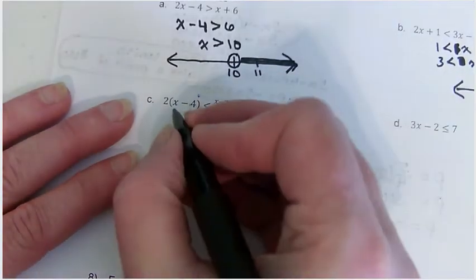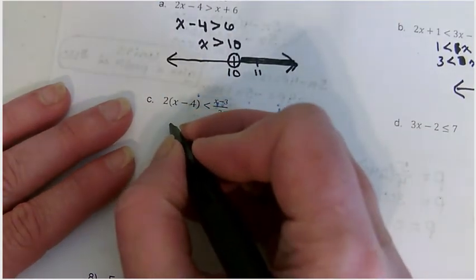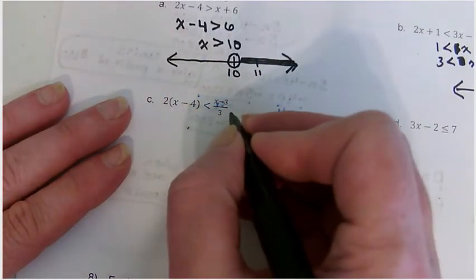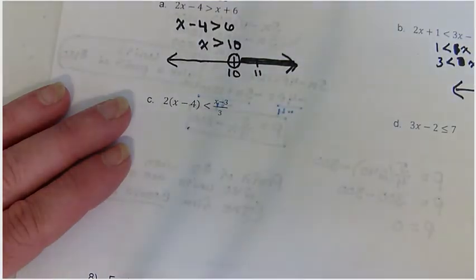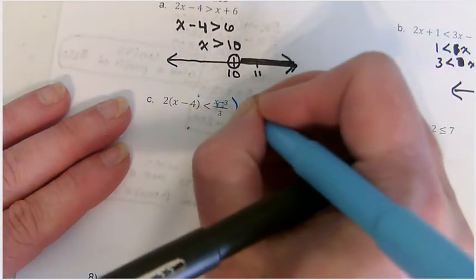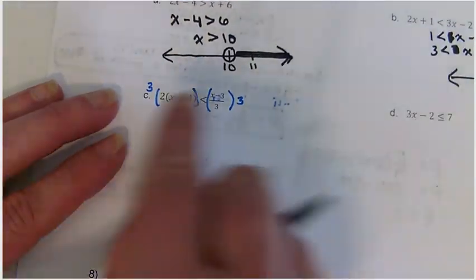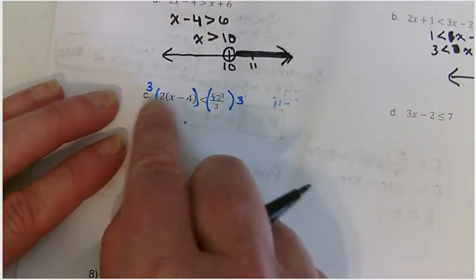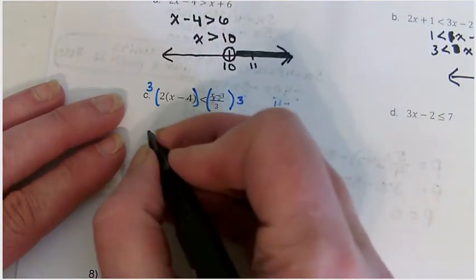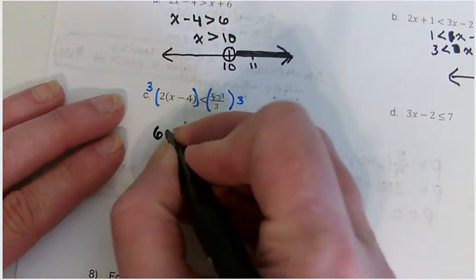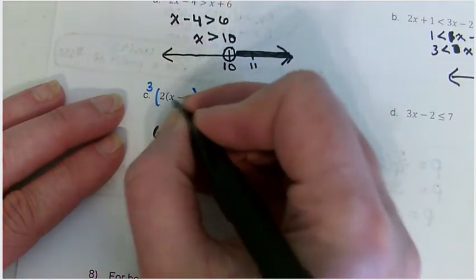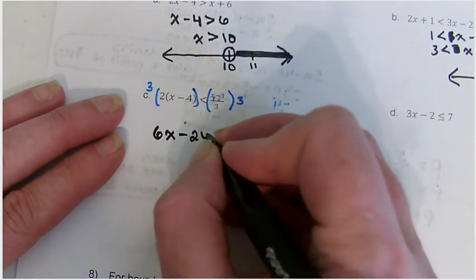Next one, I'm going to distribute the, well, first off, no, I don't want to distribute the 2. I want to get rid of those fractions. So I'm going to multiply both sides by 3. That would give me a 3 times 2 that I need to distribute. So that would be 6x minus 6 times 4 is 24.